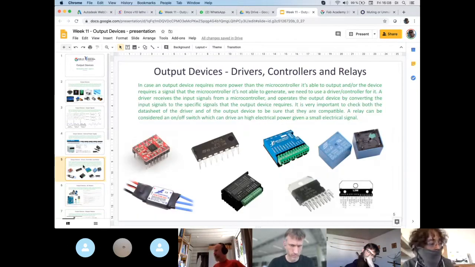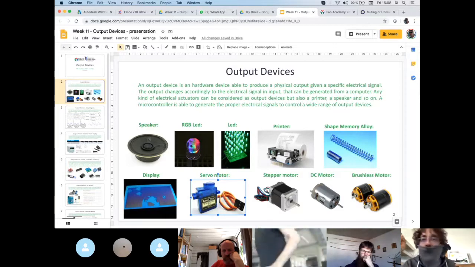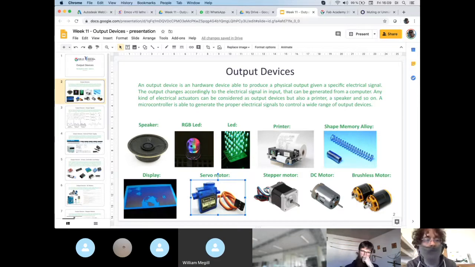I think maybe for the servo motors, the small ones, if this is not clear, the small servo motors, like these ones, can be driven directly with less than 40 milliamps usually from your microcontroller. But if you have a big servo motor, then you have a specific driver. And this driver generates the specific signal according to the specific servo motor that you have.